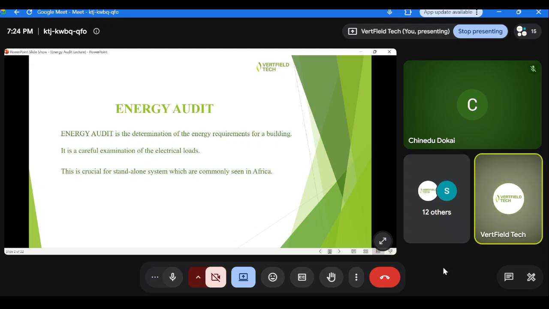All right, and from my screen, you can see that energy audit is the determination of the energy requirement for a building. It is a careful examination of all the electrical loads. Just like I said earlier, energy audit helps you to take care of the energy need of your facility. That is what they talked about when they say the energy requirement for a building.